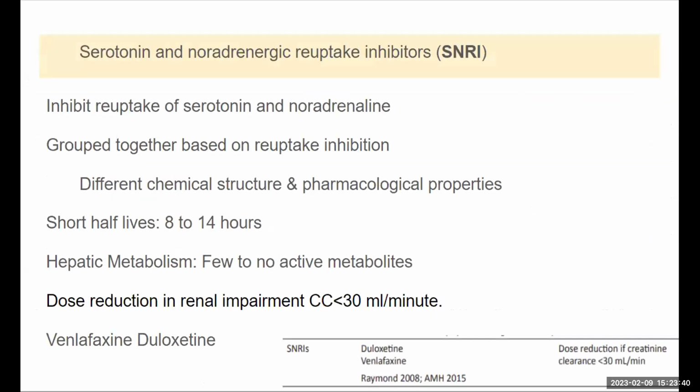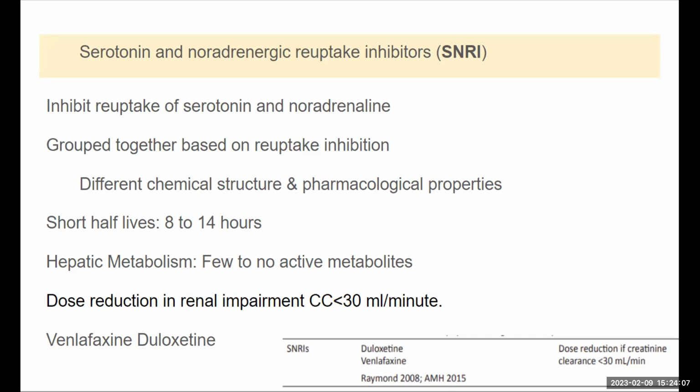The next group of antidepressants is SNRIs. SNRIs inhibit the reuptake of serotonin and noradrenaline, therefore they increase the concentration of these two chemicals in the synaptic cleft. The ones included in this group are venlafaxine and duloxetine.